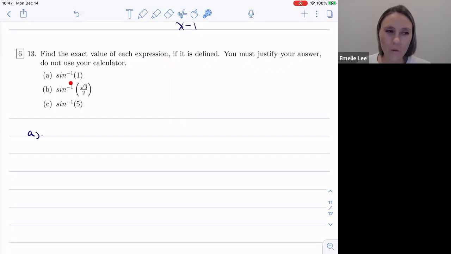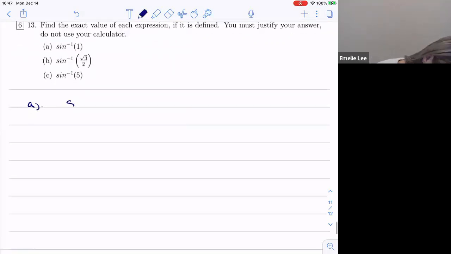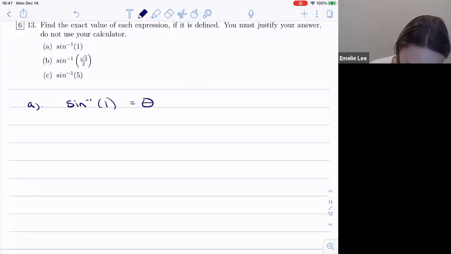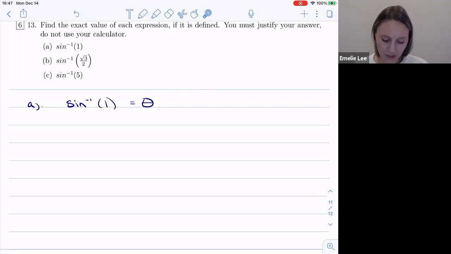So one thing that we need to remember is that sine inverse of 1 is the same thing as saying, well, this is equal to some angle theta, right? This is actually the exact same thing that we did earlier, where we had a function wrapped around on the outside, making it a kind of a next level type of problem.